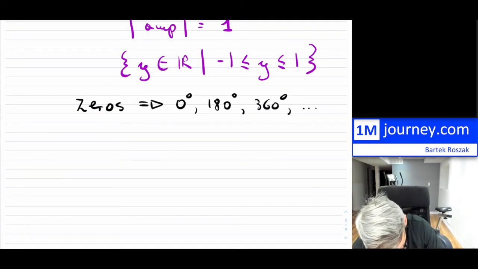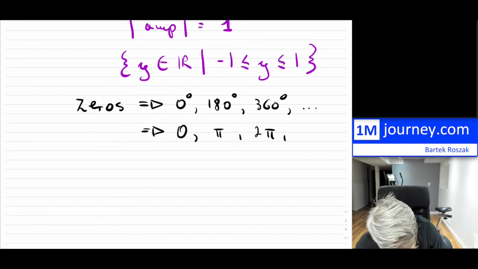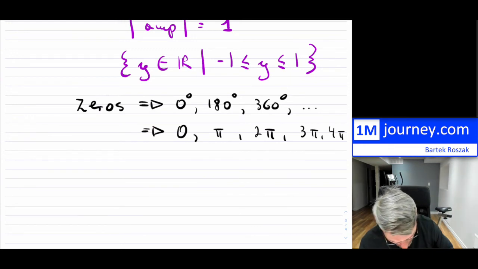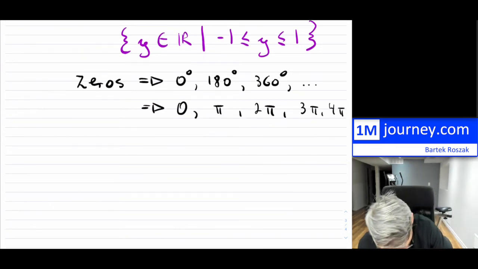So if you wanted to write it out in radians, it happens at every single pi interval. So this would have been 0, this is pi, this is 2 pi, now 3 pi, right? 4 pi, and so on. So that's when those things actually happen, and you can designate that.